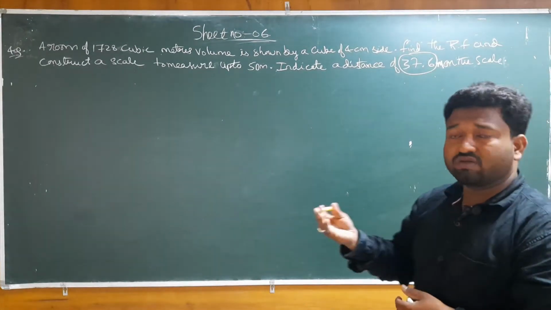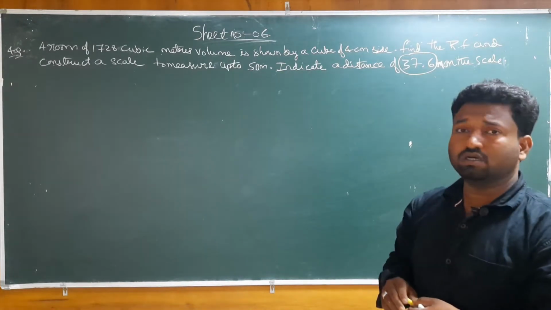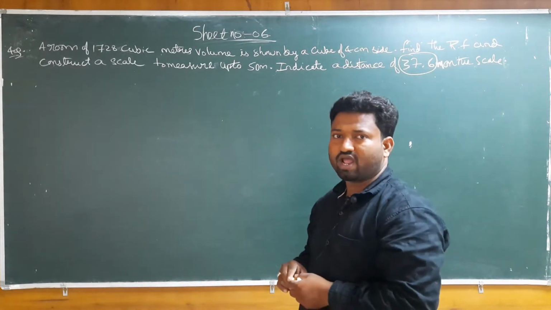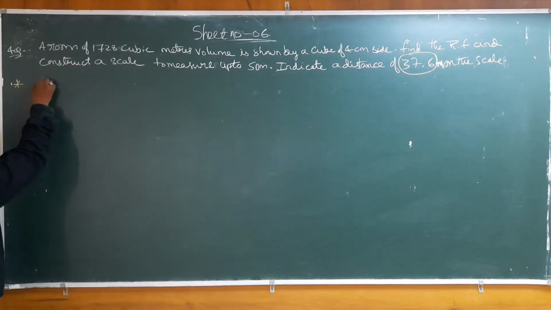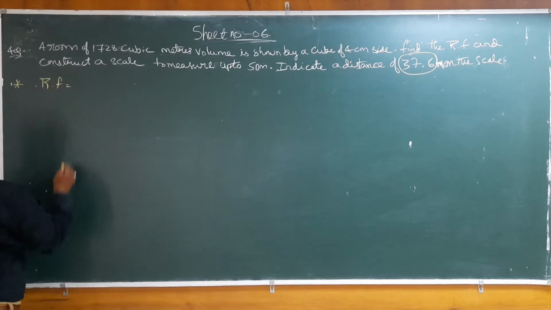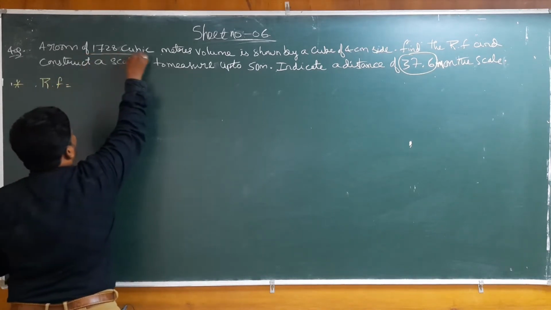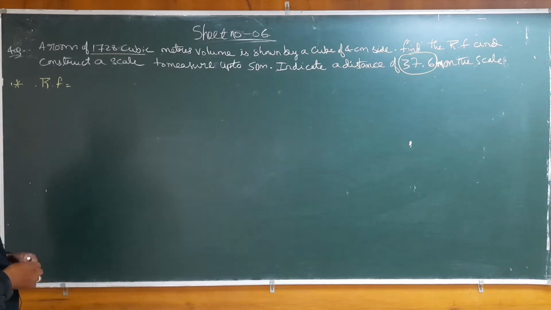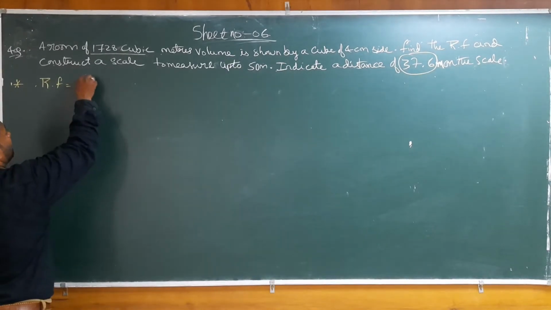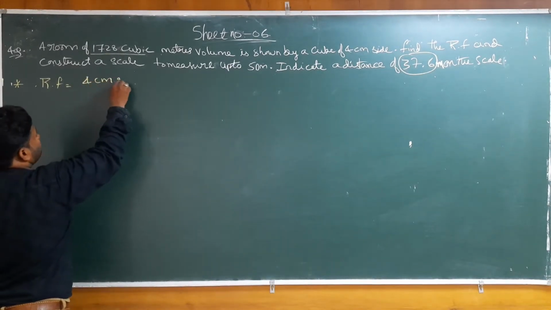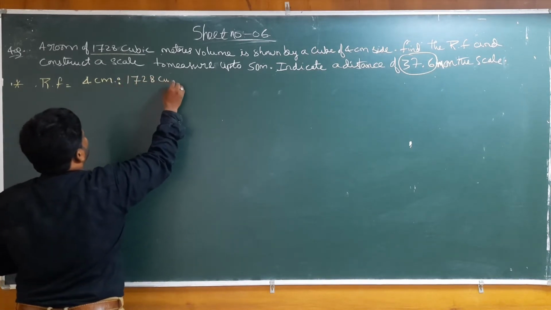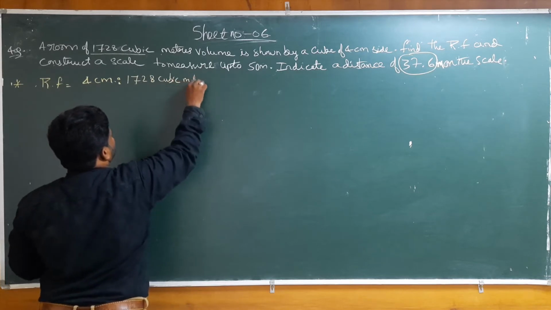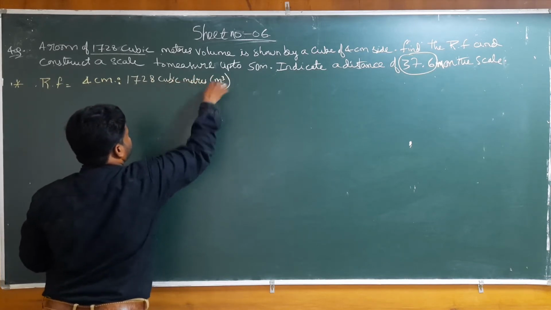But in this question, RF is not given directly. So we have to calculate the RF, that is nothing but representative fraction. How are we going to calculate that? First, RF is equal to 4 centimeter, the cube of 4 centimeters, is to 1728 cubic meters, that is nothing but meter cube.